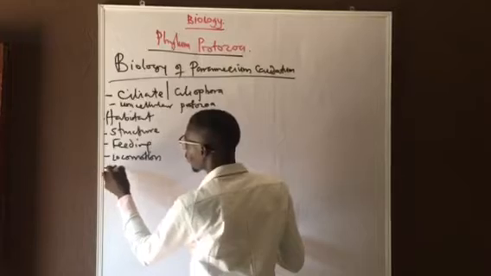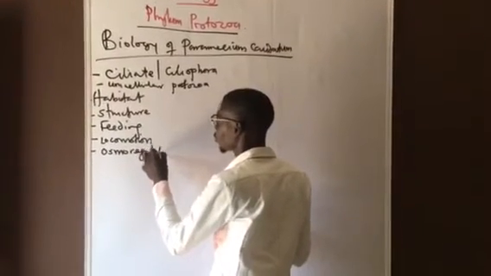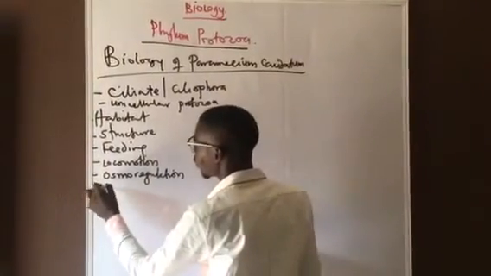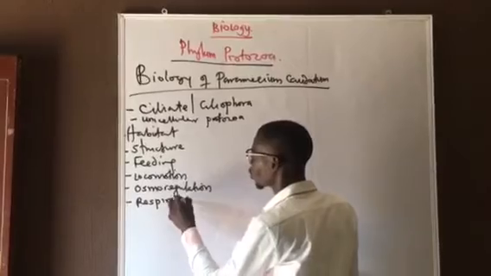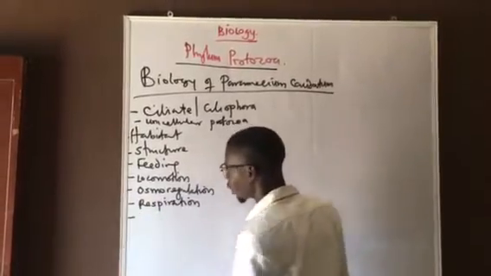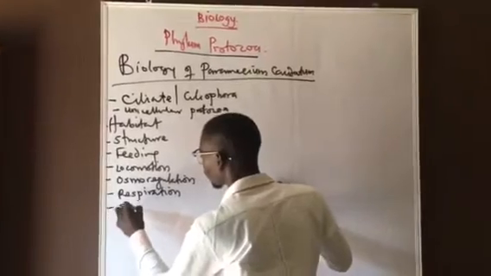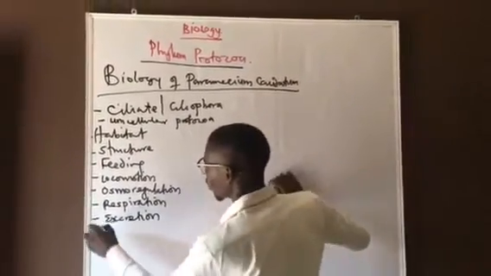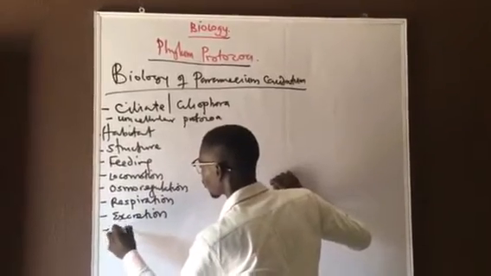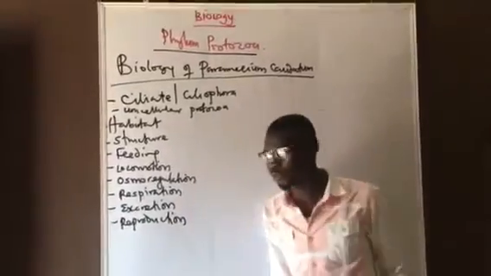Then we are going to talk about osmoregulation, respiration in paramecium, that is gaseous exchange. Then we have excretion in paramecium, and lastly reproduction. So that is what we are going to talk about on paramecium.